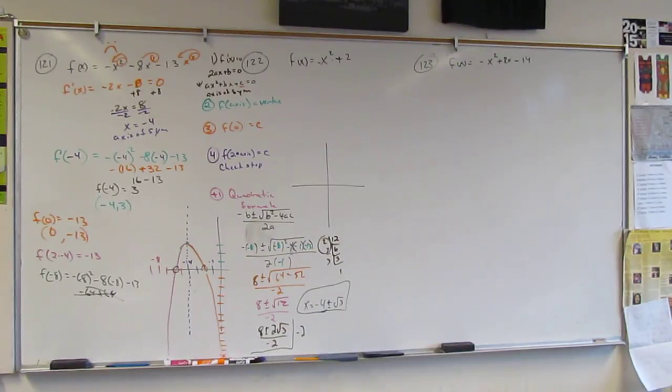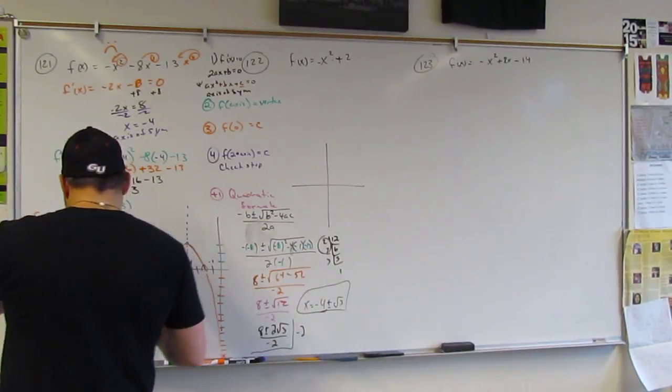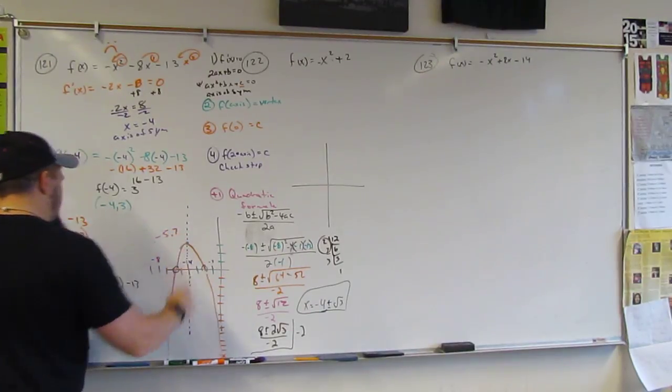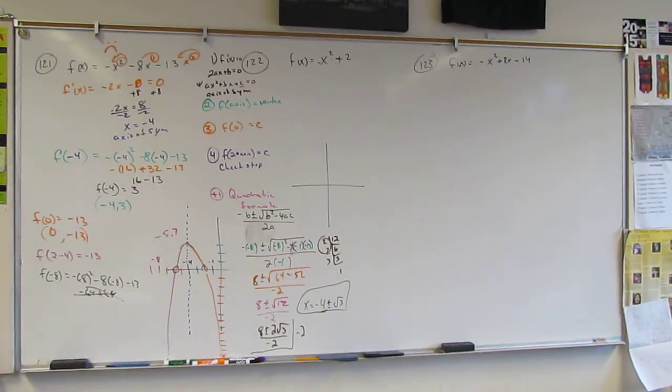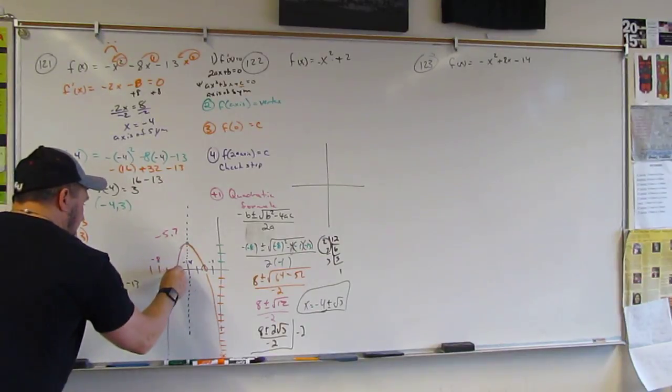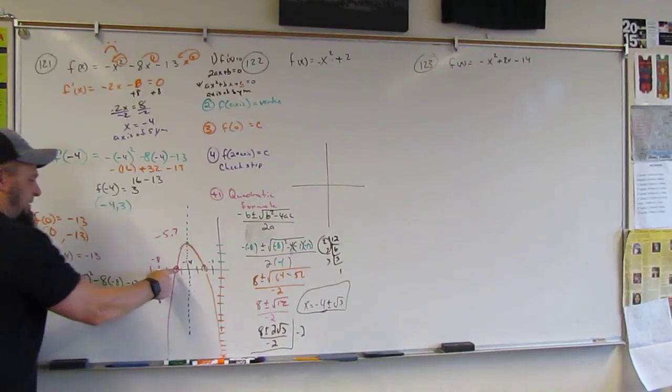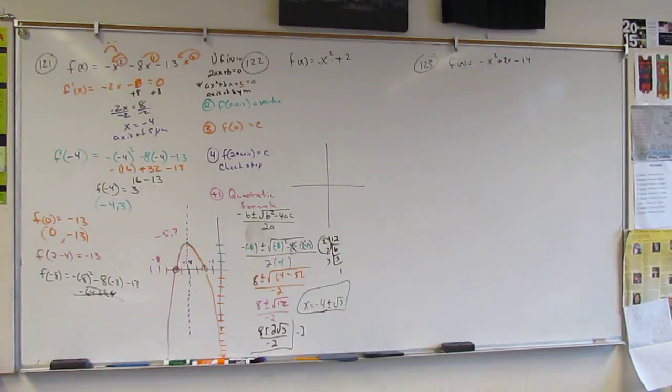Negative 4 minus the square root of 3. And that equals negative 5.7. Okay? That's what this piece is. Negative 5.7. Looks about right. That's 4, that's 5, and almost 6, right?